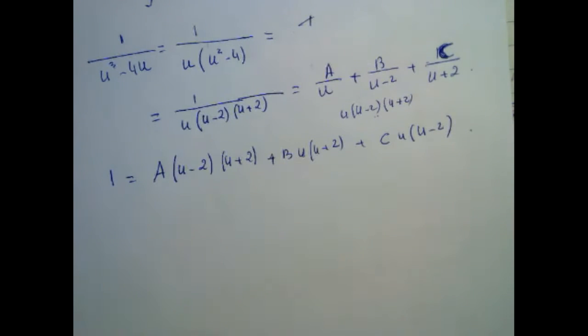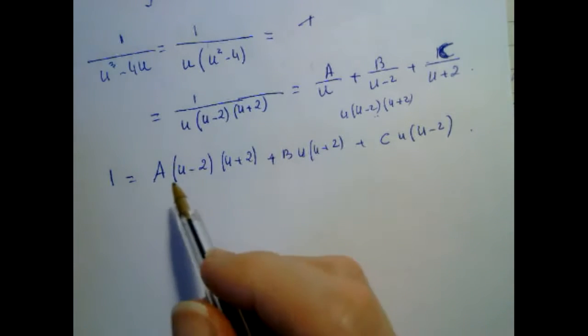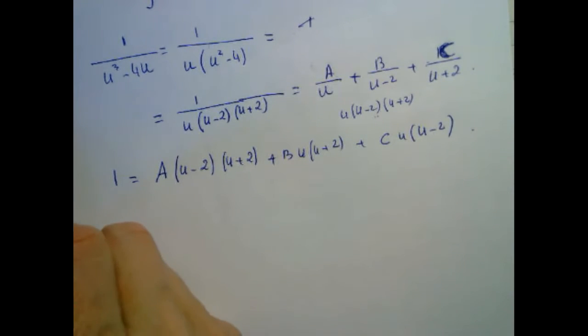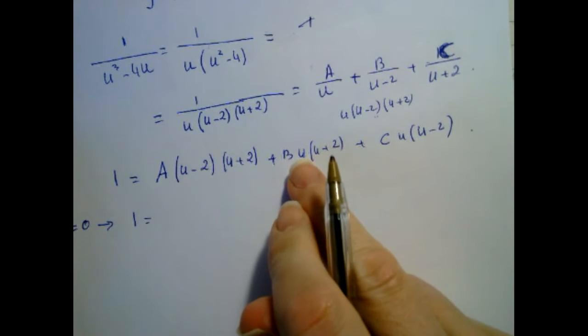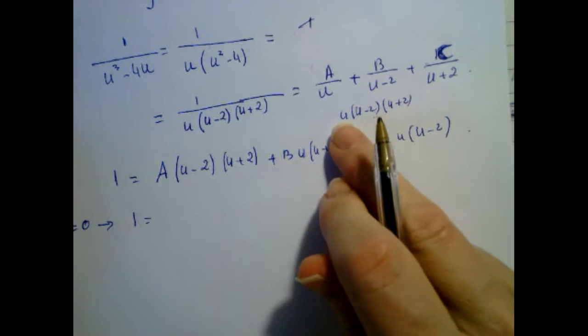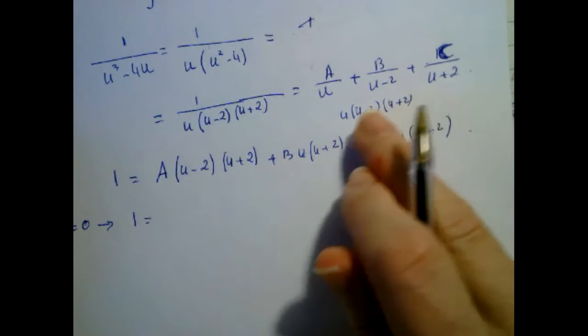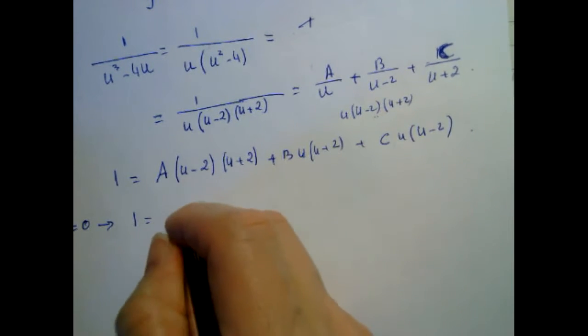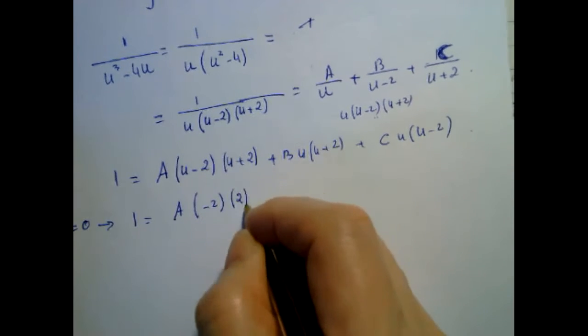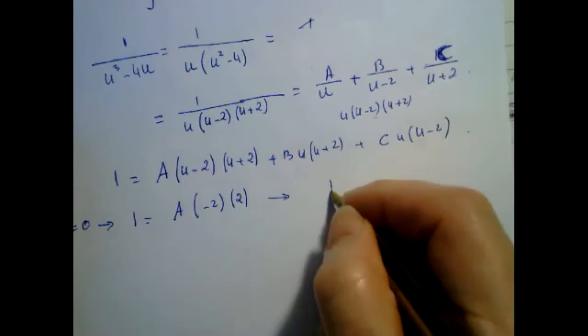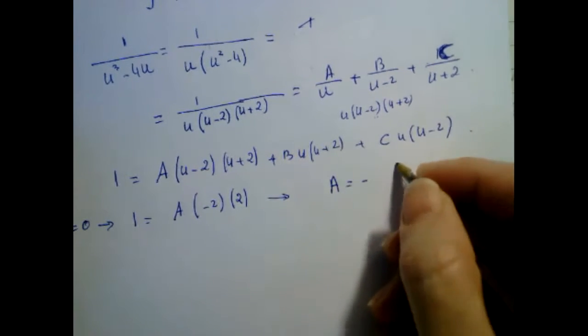And now there isn't much into this because I can take u to be 0, because here the factors are u, u plus 2, and u minus 2. So u equal 0 will give me A times minus 2 times 2, which gives me A is minus 1 over 4.